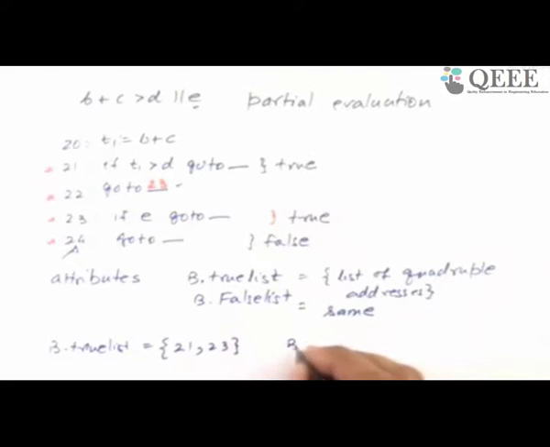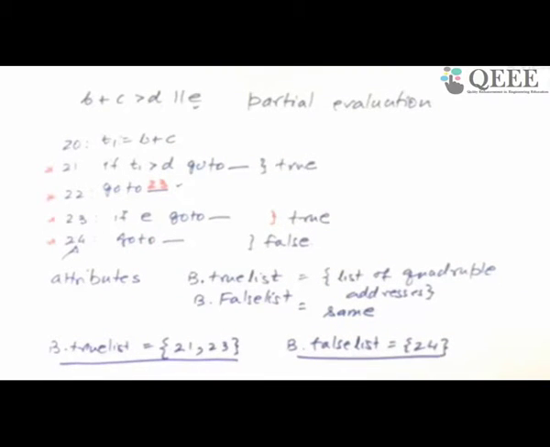And similarly, B.FalseList happens to be 24. Do you get the idea? So not only do I generate partial code, but I figure out what is incomplete, and when I have enough information, I will make these addresses complete. When enough information is known, we'll complete.